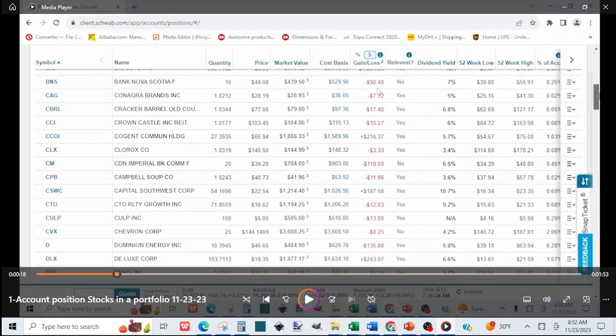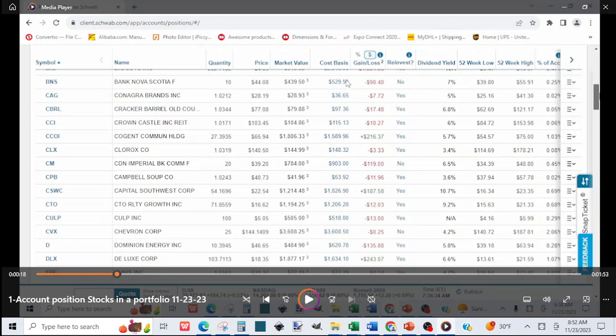So automatically your account will calculate those unrealized, because you didn't actually sell anything. So those are unrealized gains or unrealized losses. When it's in red, that means how much you paid for it is more than how much it is selling for right now. The price went down since the last time you bought it.